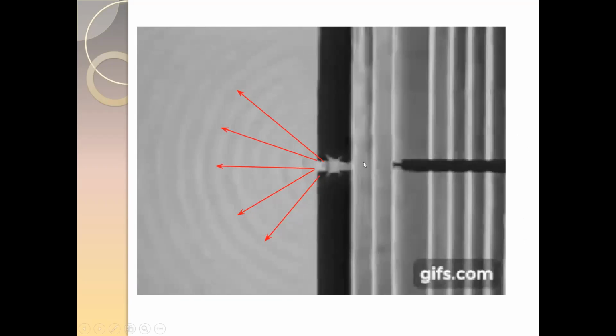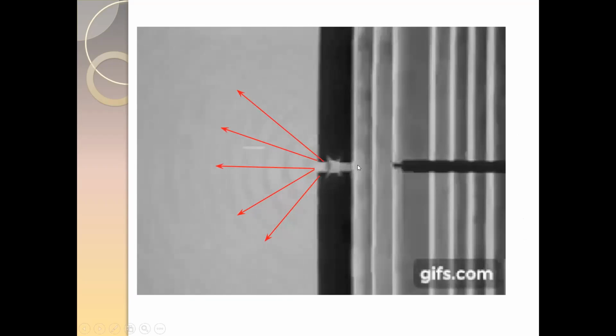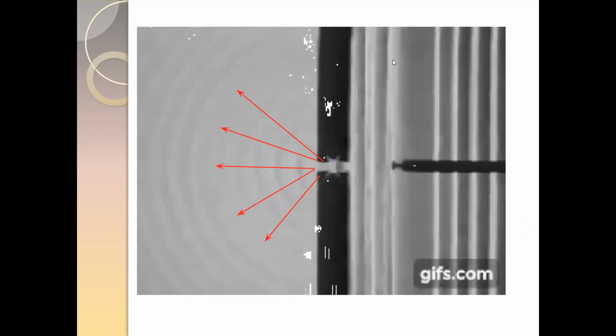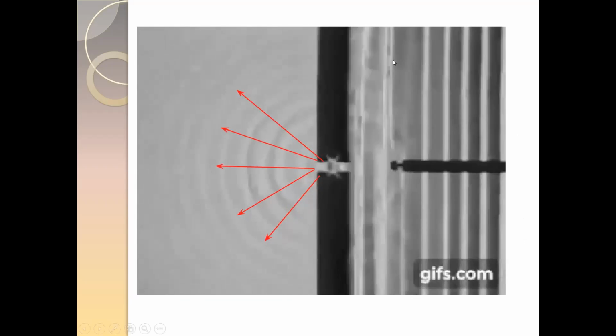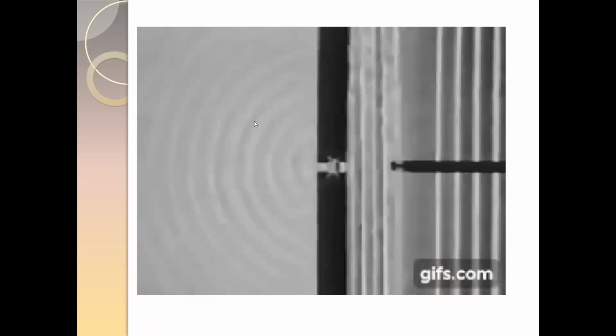So when the gap is smaller or narrow, we'll have more diffraction as compared to a wider gap. And what is the meaning of diffraction? Diffraction means the property of the wave to spread out when it is passing through a gap.